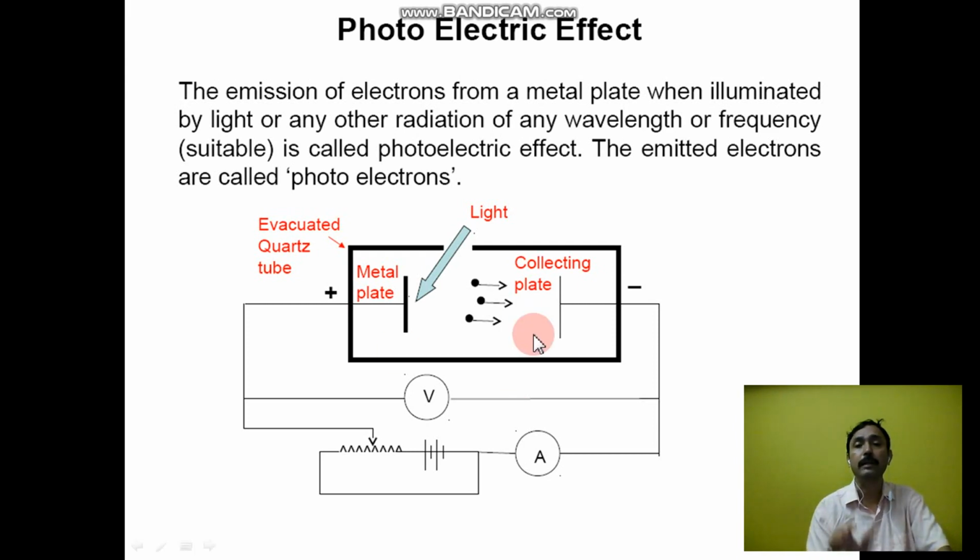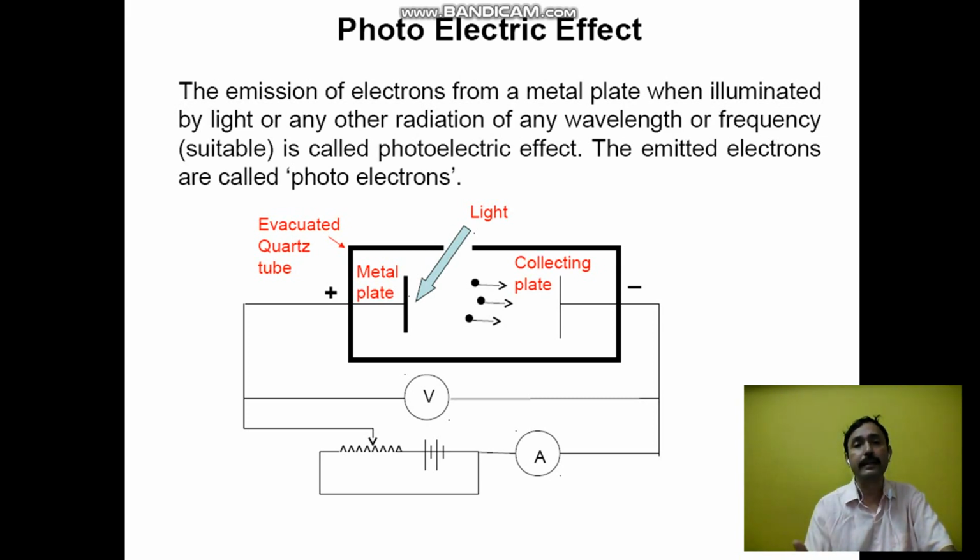If the energy of the light is less, that means the frequency of the incident light is less. If frequency is increasing, it means energy is increasing. Energy increasing means some amount of energy is absorbed by the electrons to reach the metal surface, and the excess of that energy will be supplied as kinetic energy.